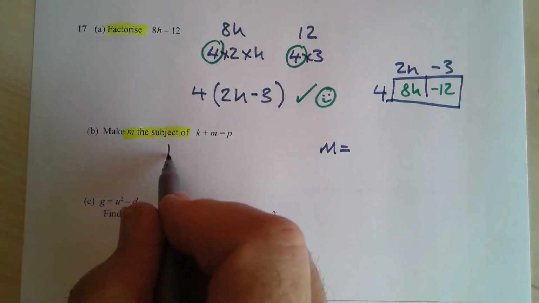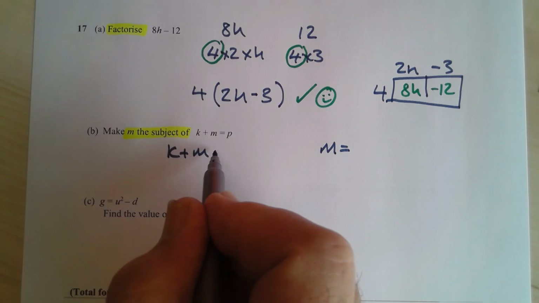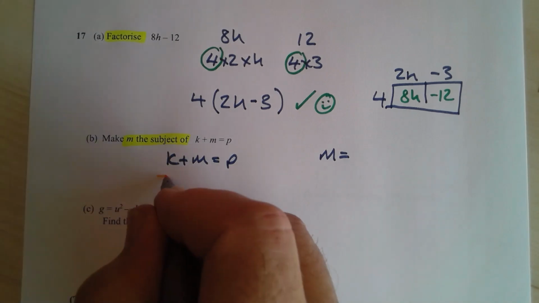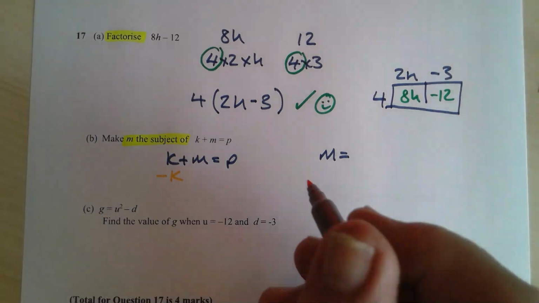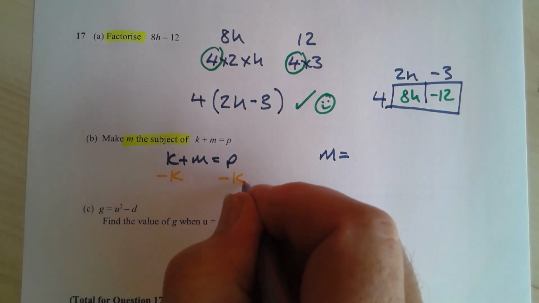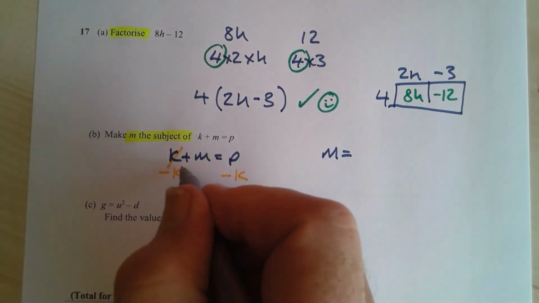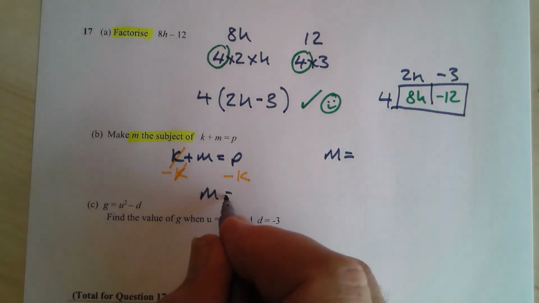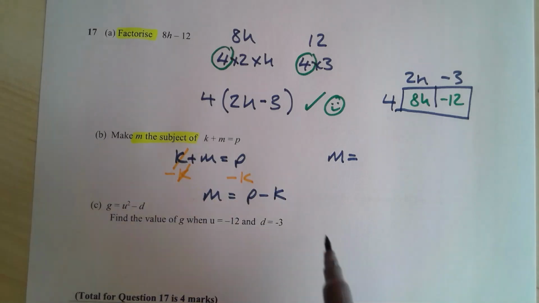So if I look at k plus m equals p, I can see from there that I have a k on the left hand side of the equation, which I need to move to the right. So I'm going to subtract k from that side, and I'm going to subtract k from that side. They cancel each other out, which leaves me with m equals p minus k.